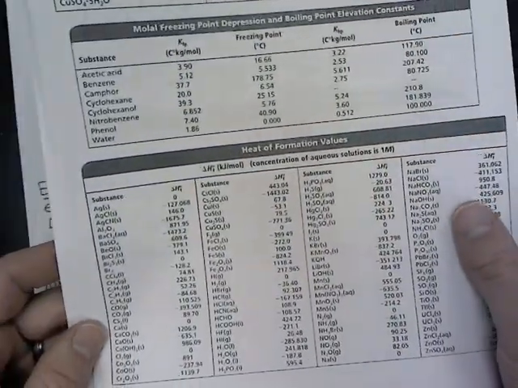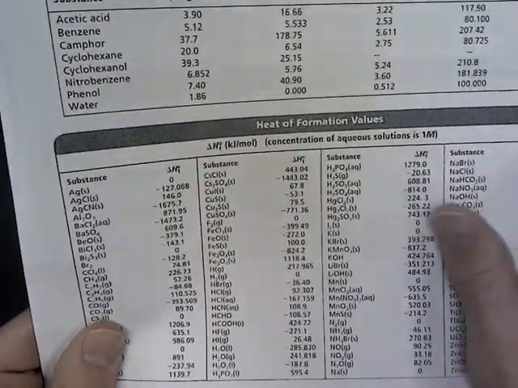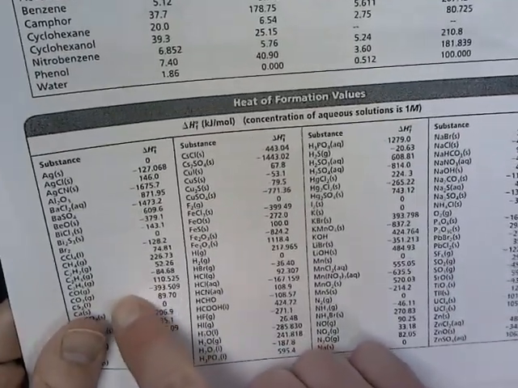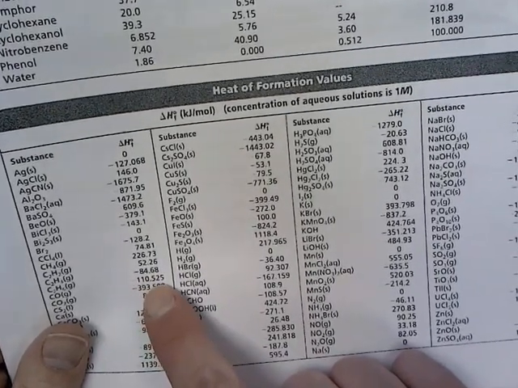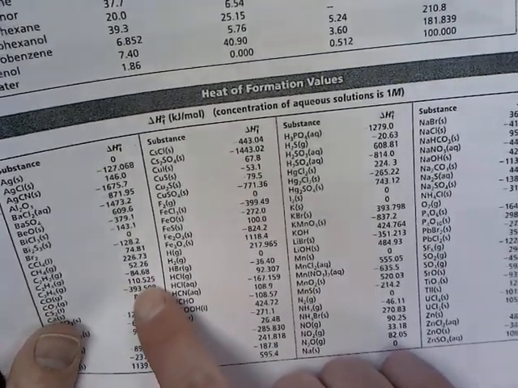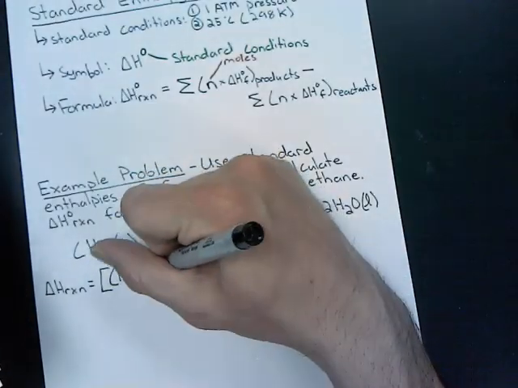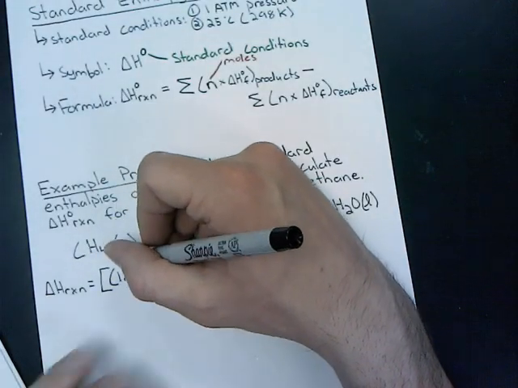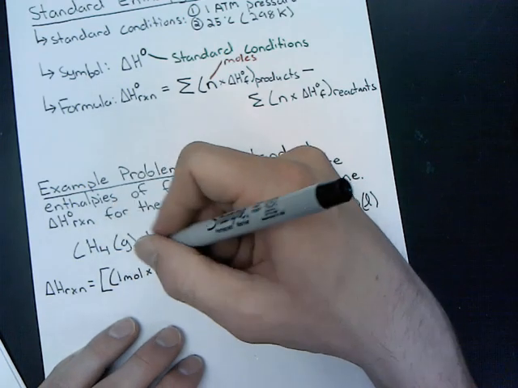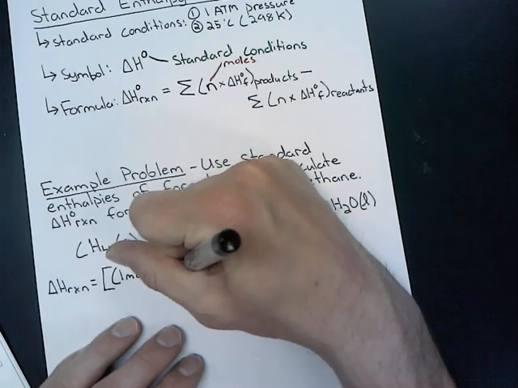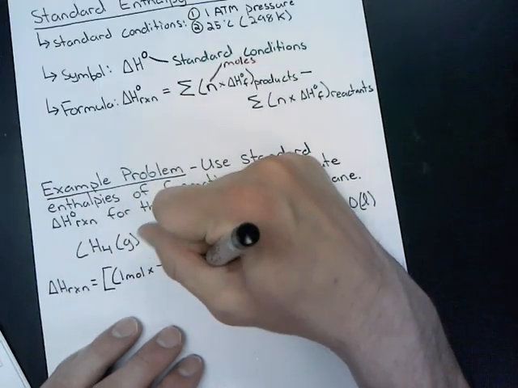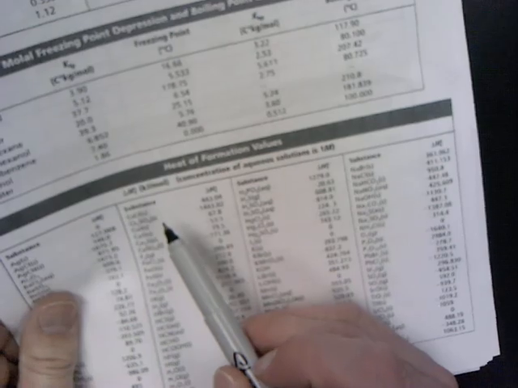So we are going to find carbon monoxide as a gas, which is negative 110.525. So I'm going to take my 1 mole and multiply it by this negative 110.525, and the unit on that is kilojoules per mole.